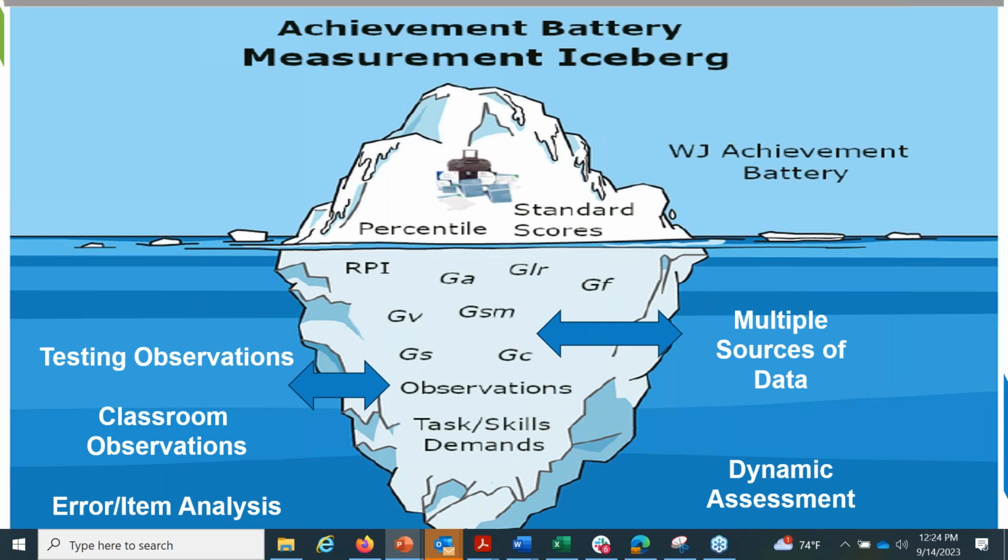But I like this because it really focuses on where we have traditionally focused our interpretations, at this surface, right? So we report out how the student performed in relation to their peers, an ordinal measure. And then we also present those percentile ranks. And that's traditionally how we've been using the tests.